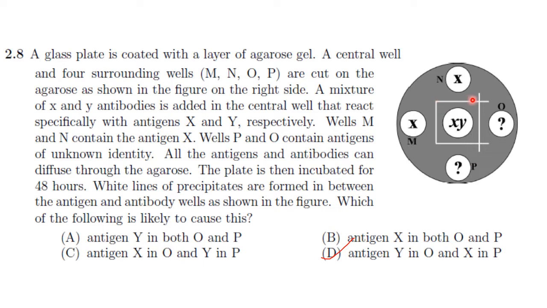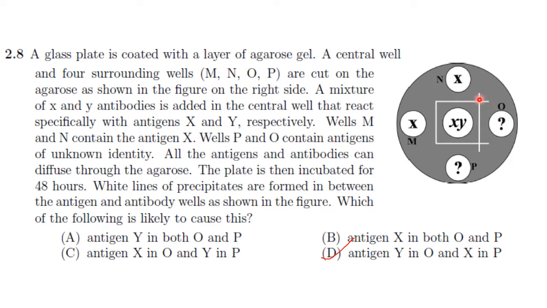Now since N, with X antigen reacting with X antibody, has given a line like this, and X antigen from M reacting with X antibody has given a line like this, similarly, P has also given a line similar to that of N and M. So P also must be X because the line is similar to the reaction of M and N. Then O we have to find out.